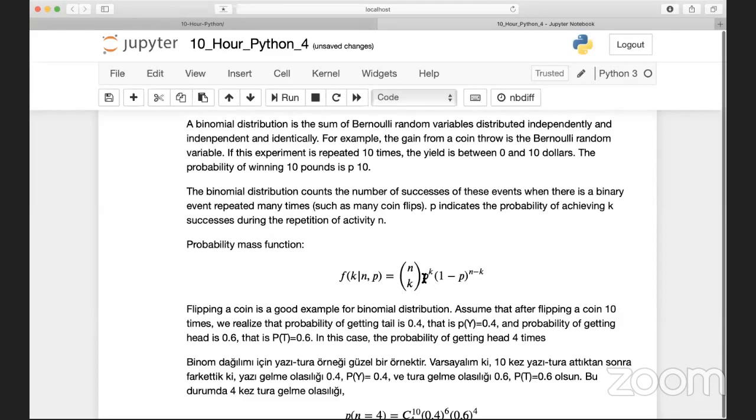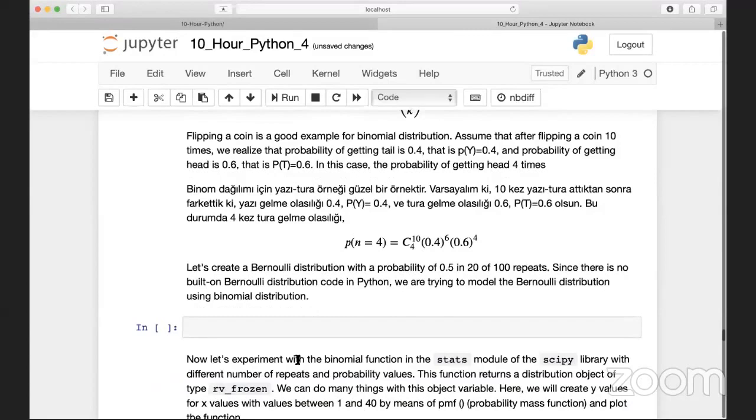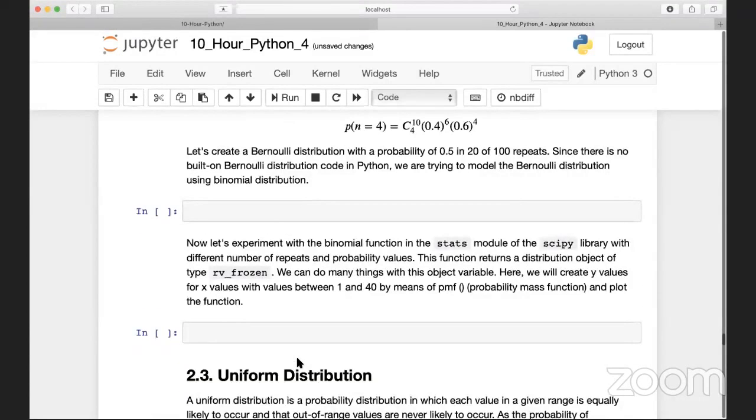We have this probability mass function. This is the same as Bernoulli, but we have the combination here because we have repeated events. That's why. Okay. So for instance, if we draw, you know, what's that?